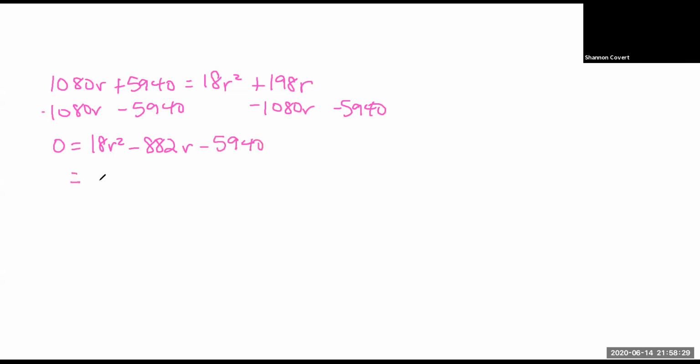And typically, that leading coefficient is a common factor, and in this case it is. 18 goes into all of those evenly. That leaves me with R squared minus 49R minus 330. It's a little bit smaller number. Remember the T-table. We're looking for two factors of negative 330 that when we add them together give us negative 49.